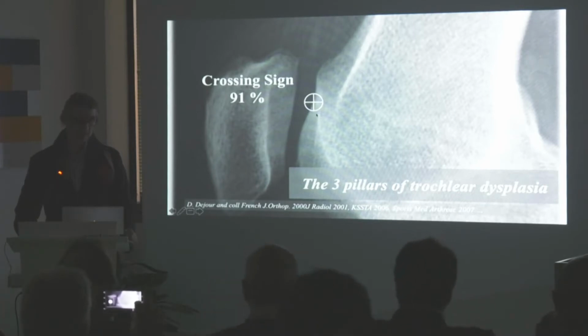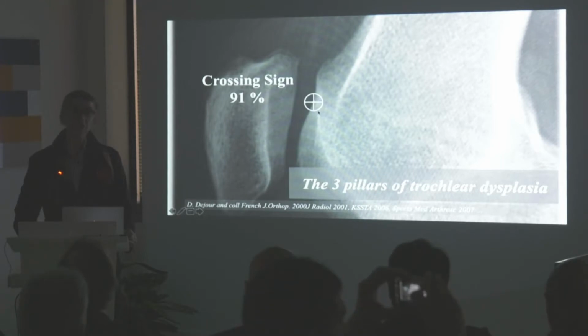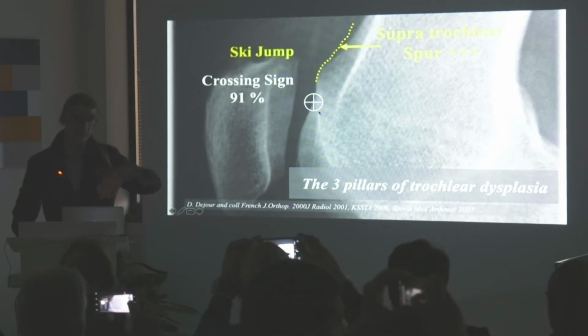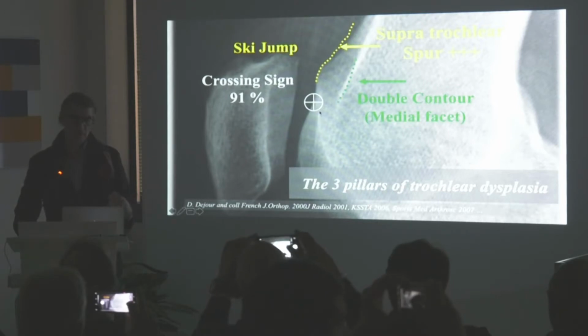First is the crossing sign. This is a groove line going up, and crossing both condyles. The second will be the supratrochlear spur. It's like a ski jump. It pushes the patella on the lateral side. And the third is the double contour, which is the hypoplastic medial facet.